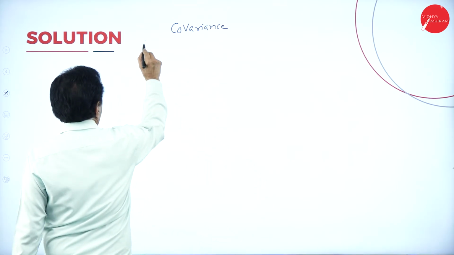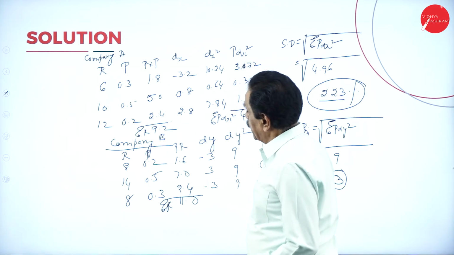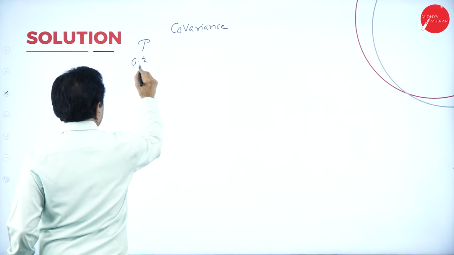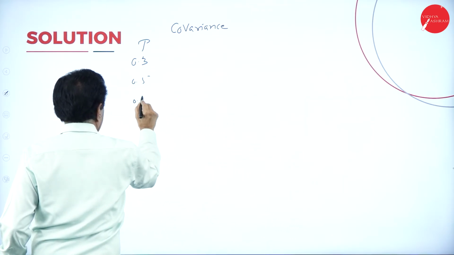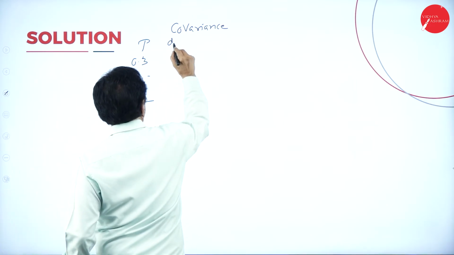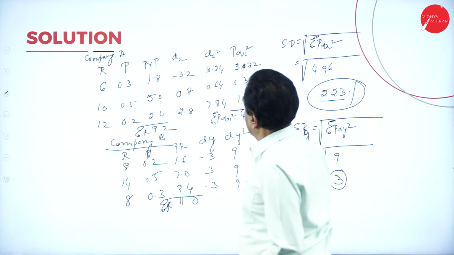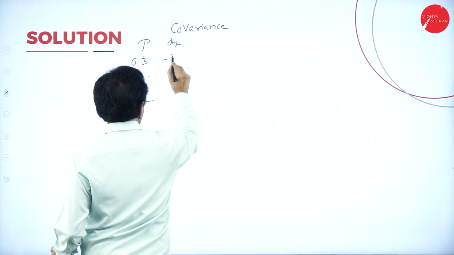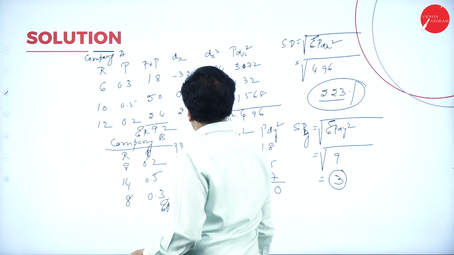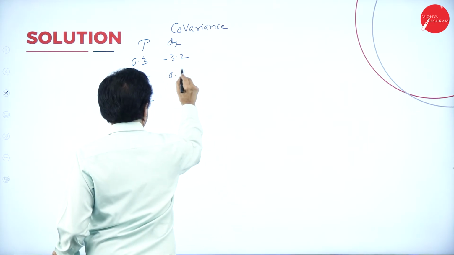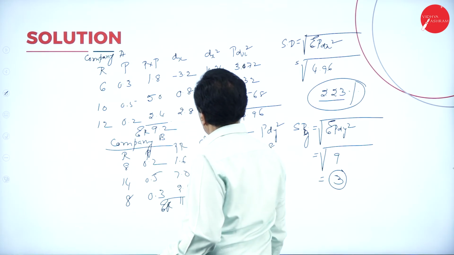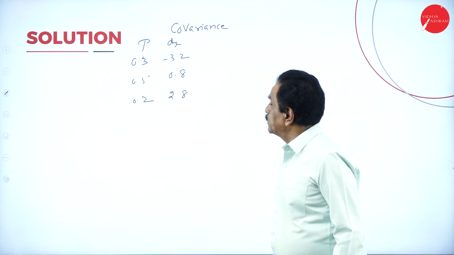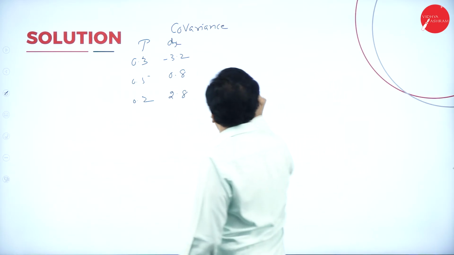We have probabilities 0.3, 0.5, 0.2. Deviation of x is minus 3.2, 0.8, 2.8.